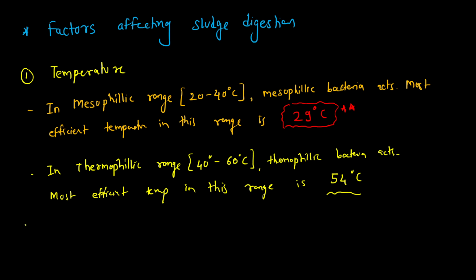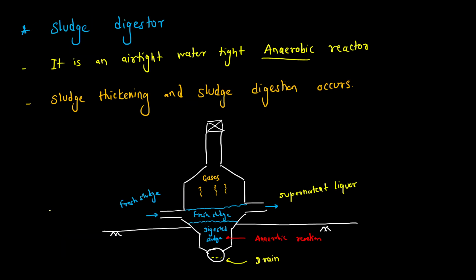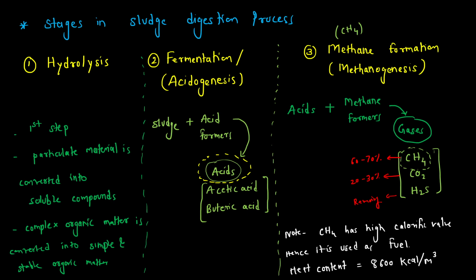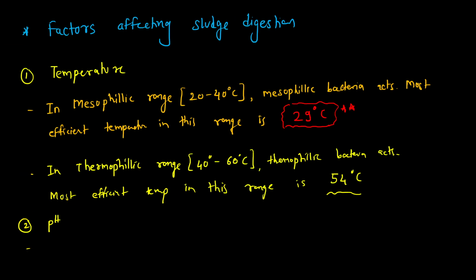Now the second parameter is pH. This pH affects the methane formation process. In this sludge digestion the third process is methane formation. So if the pH is lower, then there is less production of methane in methanogenesis.